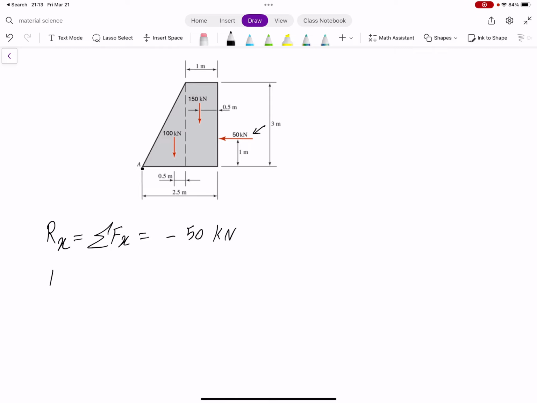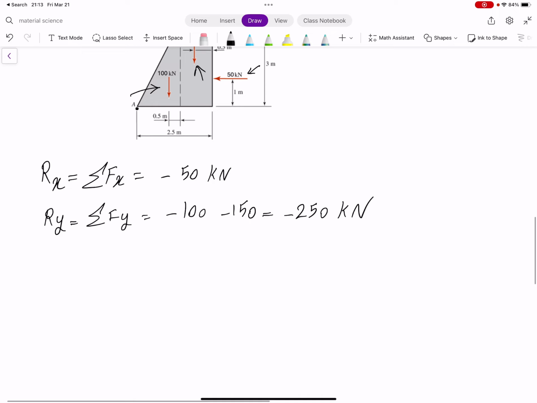How about Ry? We have two forces, both of them negative, 150 and 100. That gives you minus 250 kN. So we got two components.